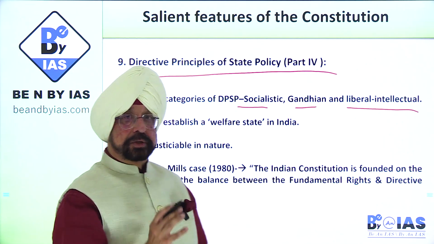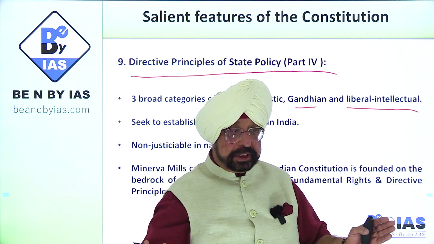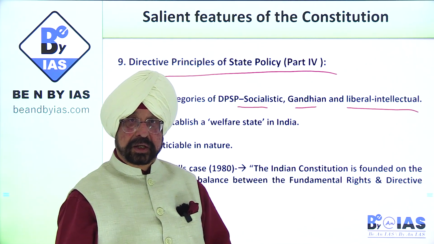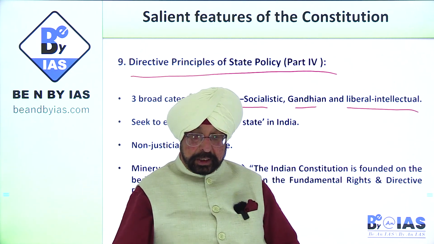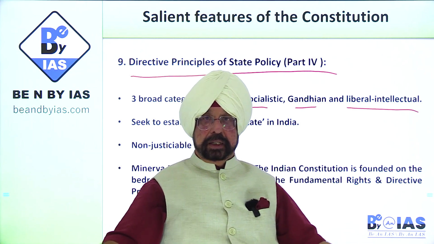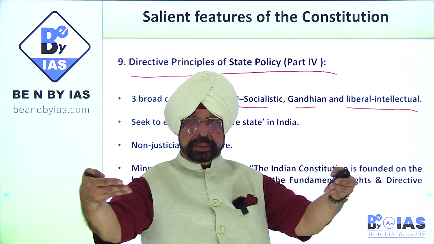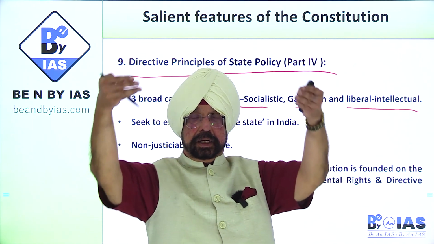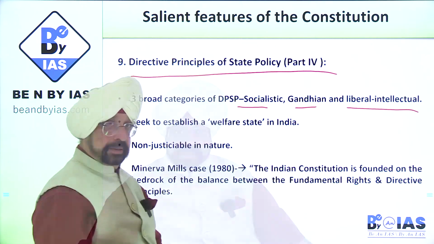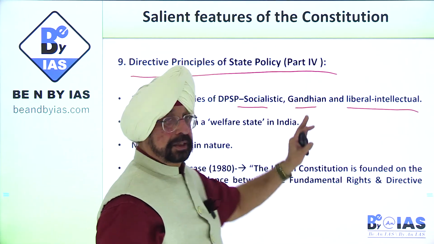Gandhian means there should be a system of governance which should flow from the bottom up, like the panchayati system, the state legislature, and the union legislature. This is how the Gandhian structure is there.